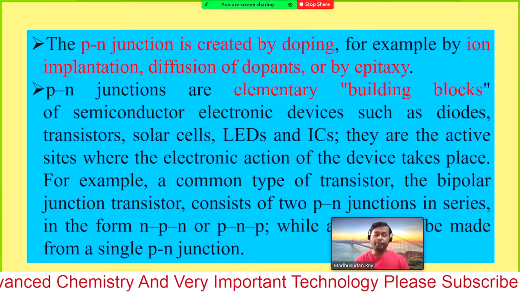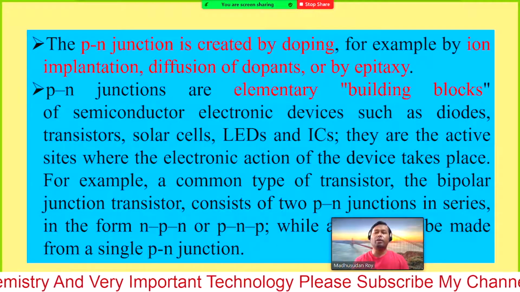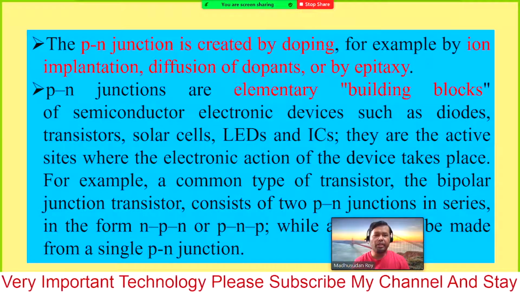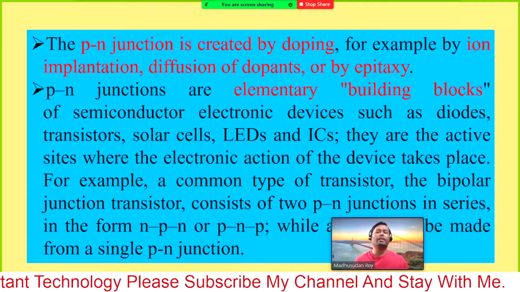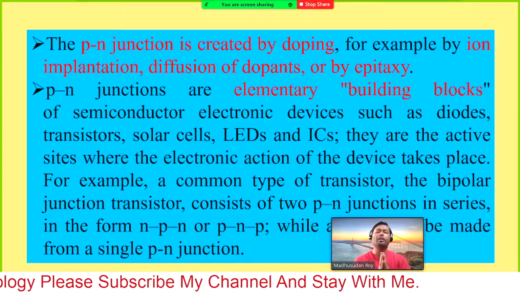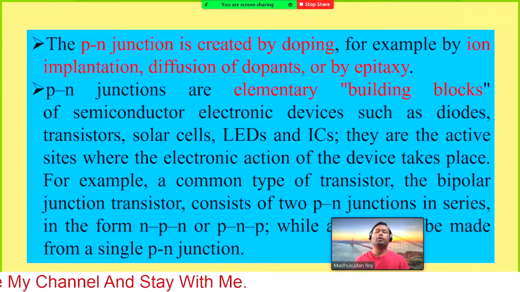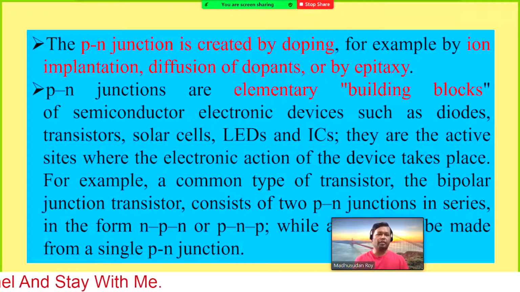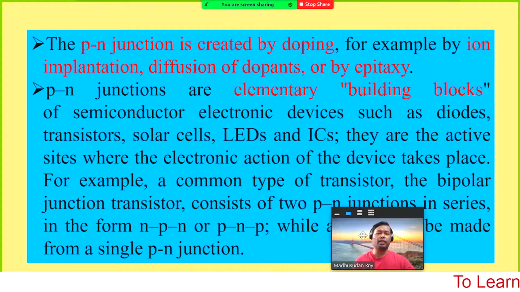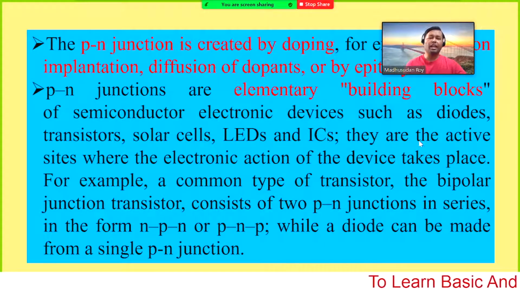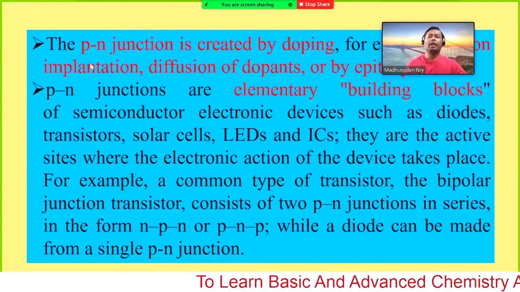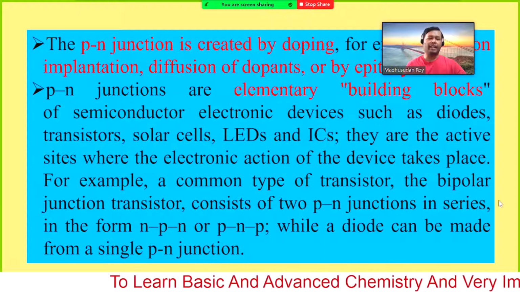To prepare a PN junction you must have a p-type semiconductor and an n-type semiconductor, and then combine the two types of semiconductors together so that you have a junction. So to make any electronic device we must have a PN junction or some junction.